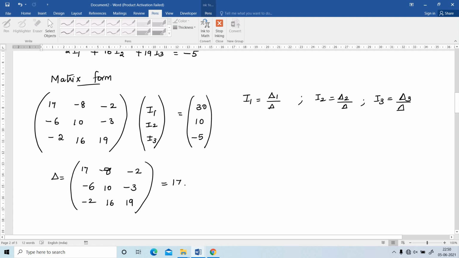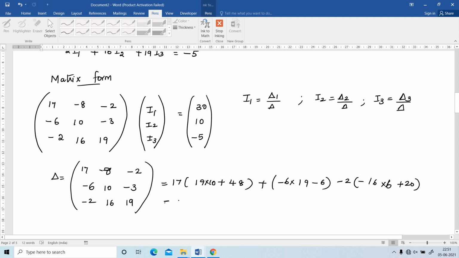That is 17 into 19 into 10 plus 48, then minus of minus 8 plus 8 into minus 6 into 19 minus 6, minus 2 into minus 16 into 6 plus 20.